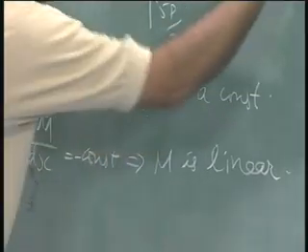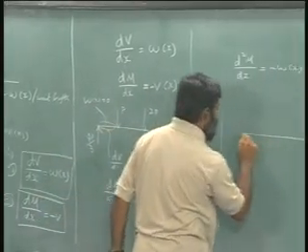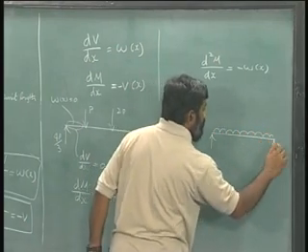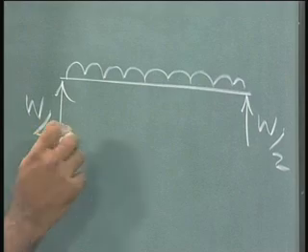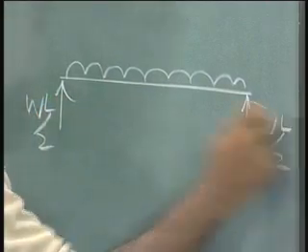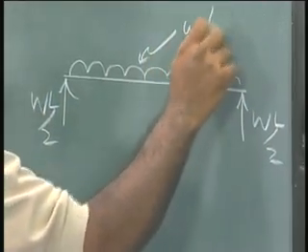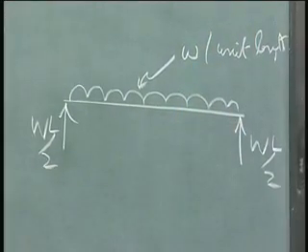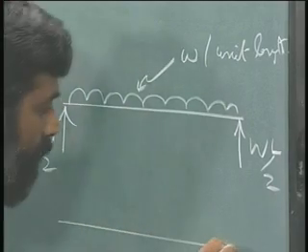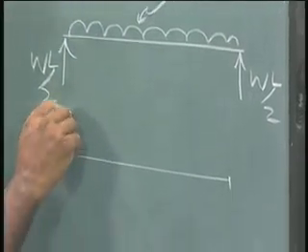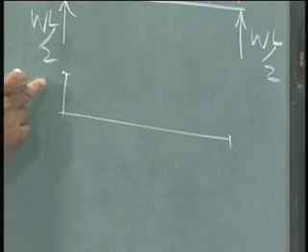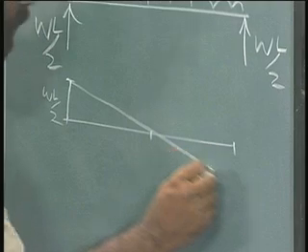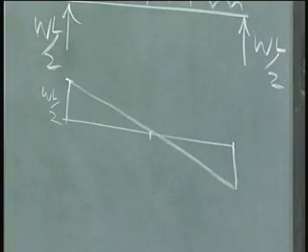On the other hand, the example that we took for uniformly distributed load, for this case, if you remember, we had shear force diagram something like this, wL by 2, and it was 0 at this point and it was varying linearly like this.